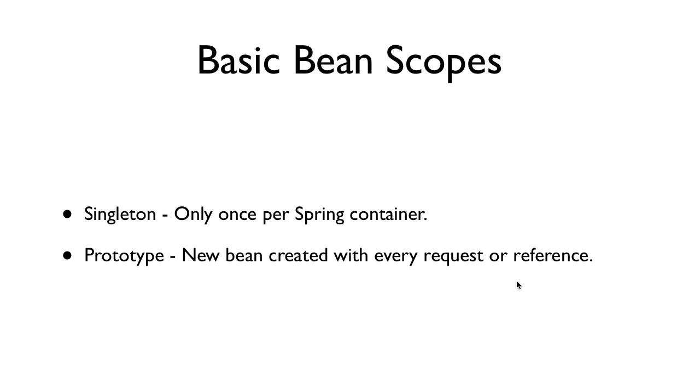So these are the two basic types of scopes that are available. The first one is a singleton, which is the default, and the second one is the prototype. So the singleton default is what causes Spring to initialize all the beans during load time itself. So if a bean is defined as a singleton, when this context is being initialized, all the singleton beans are going to get initialized during the initialization of the context itself.